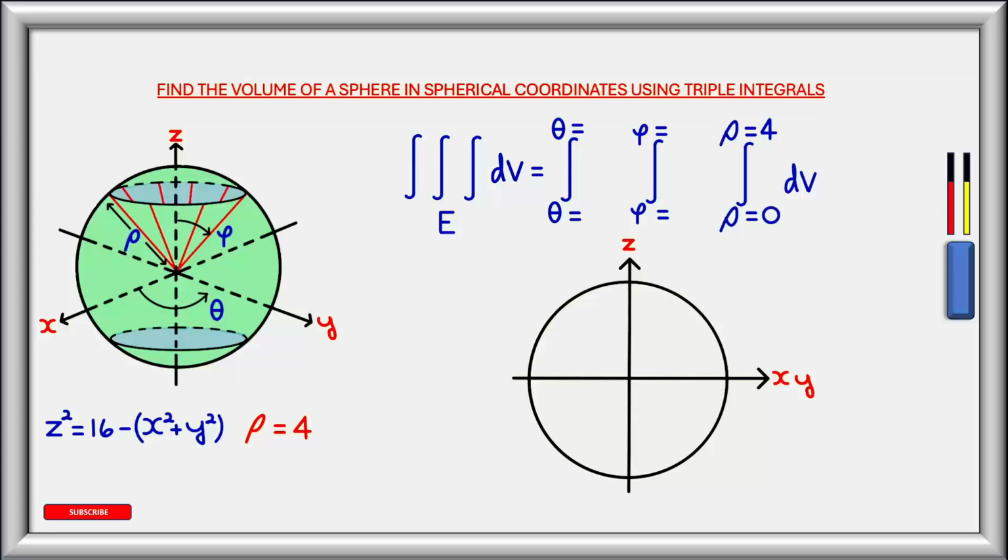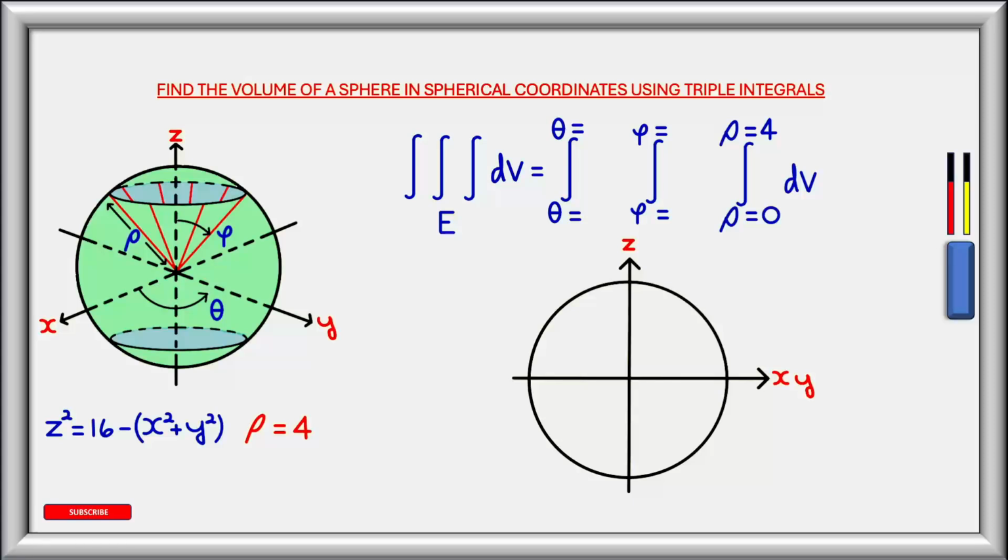Phi is the angle measured from the positive z-axis to the line segment connecting a point in the 3D space. We know that phi must be greater than or equal to 0 and less than or equal to 180 degrees or pi radians.